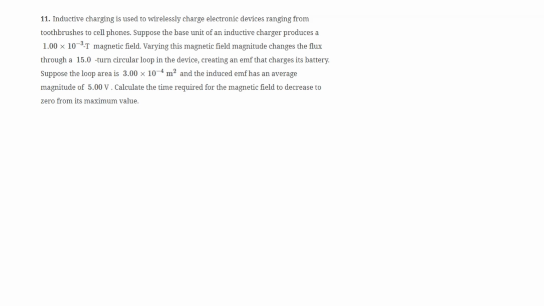So what we have here is a magnetic field that has an intensity of 1.00 times 10 to the negative 3 Tesla.